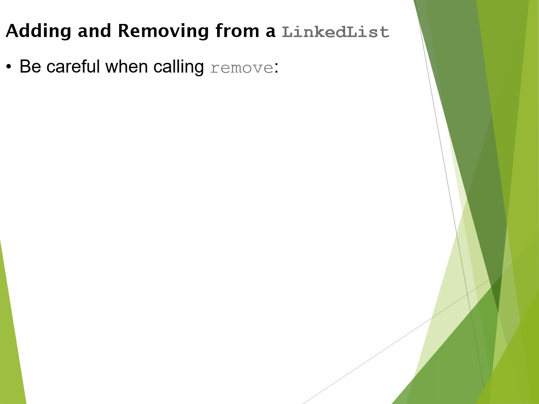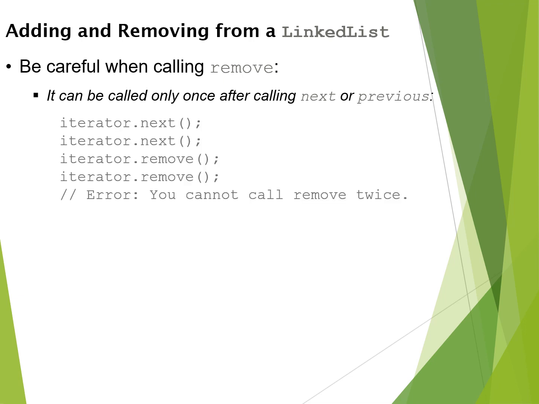So as I said, you need to be careful when calling remove. It can be called only after calling next or previous. For example, here we have two next method calls and two remove method calls. The first remove method call is okay because it is called after the next method call, but the second remove method call is not legal because it doesn't come after calling next or previous.